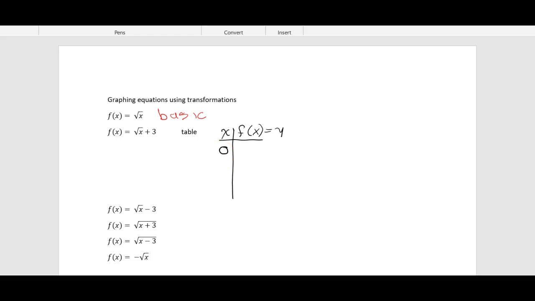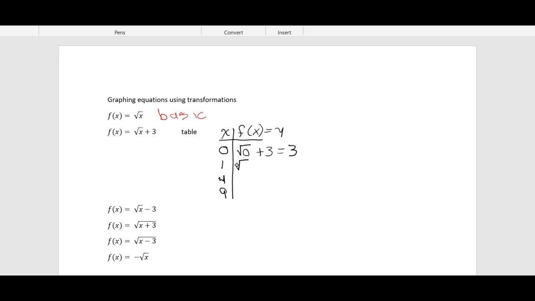So we selected a 0, 1, 4, and 9. So we have to evaluate our function when x is 0 and then plus 3. Then the square root of 0 plus 3 is equal to 3.